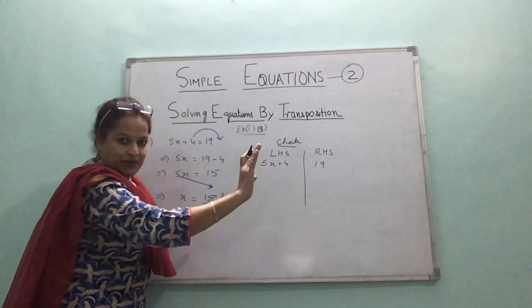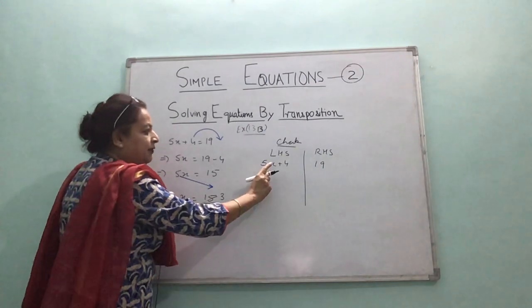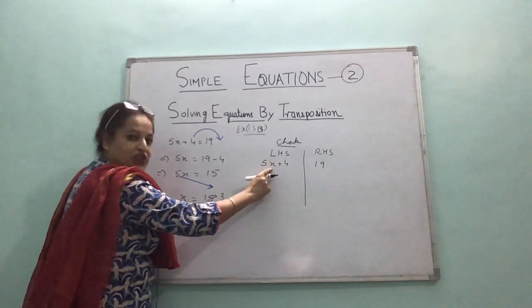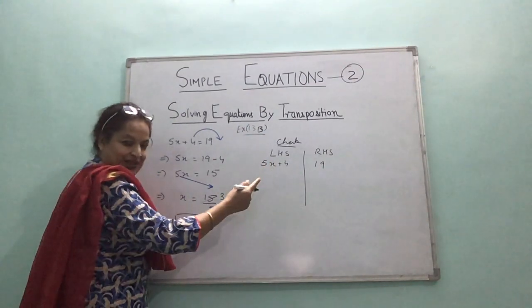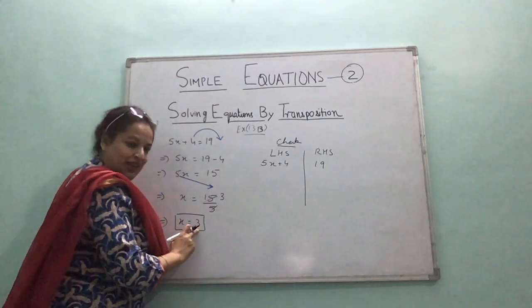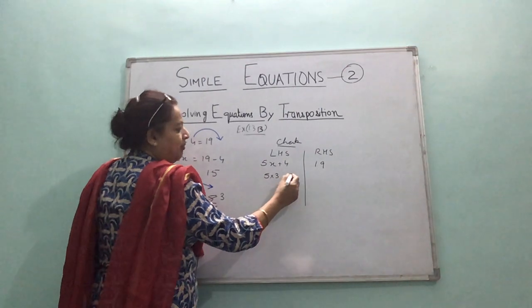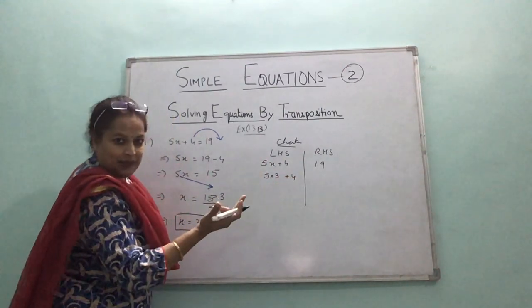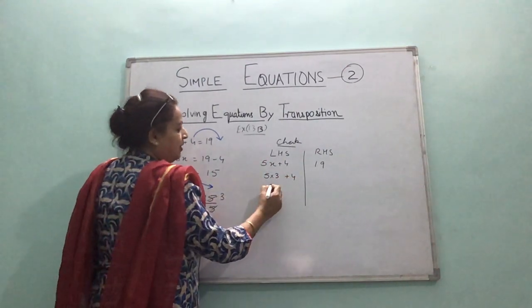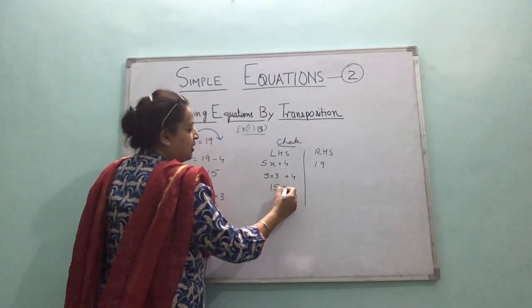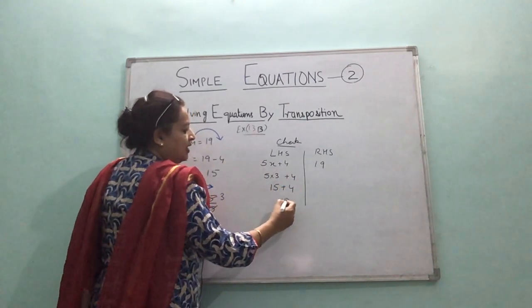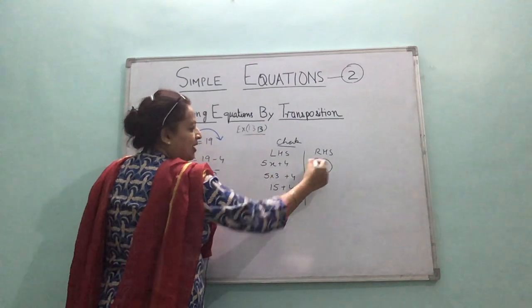So there we don't have to do anything. It's already 19. Whatever is the value of x, we'll put here. Substitute it here. So what is the value of x, children? 3. So 5 multiplying 3 plus 4. Then they are next to each other, so multiply. 5 into 3, 15 plus 4. What is it? 19. And what is it? 19.